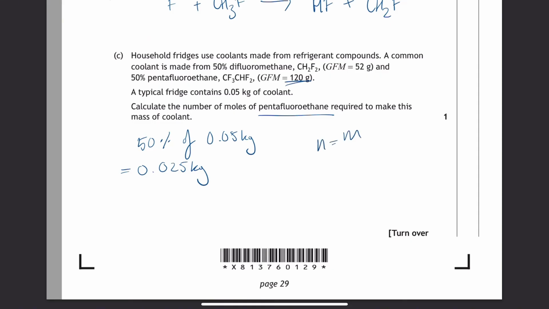So n is m over GFM. We just need to change this into grams. So we've got 25 over 120. And put that into your calculator. 25 divided by 120. Get 0.208 moles.